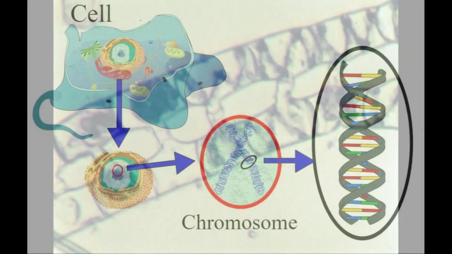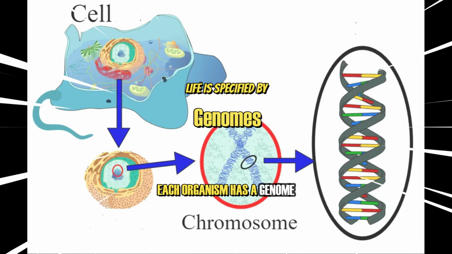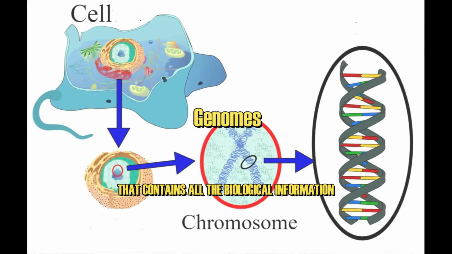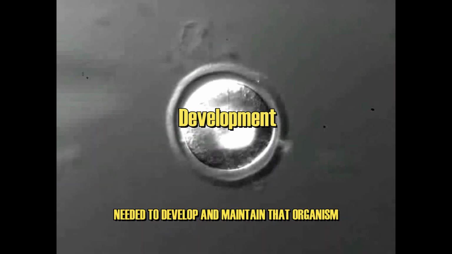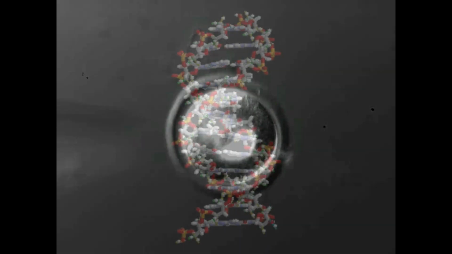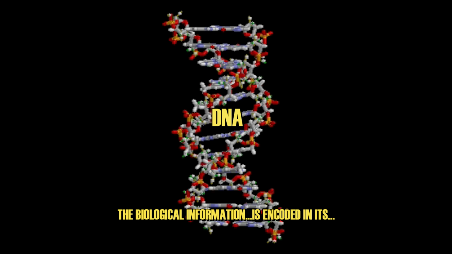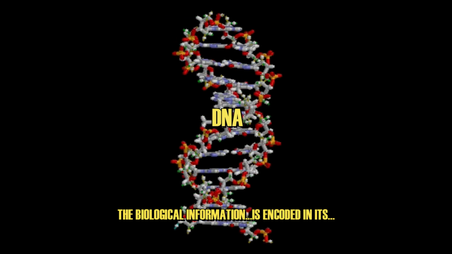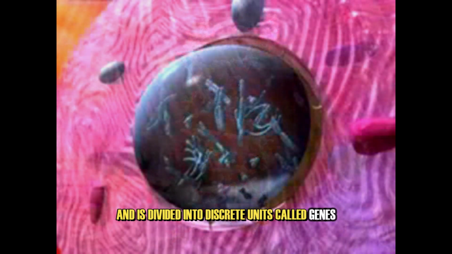Life is specified by genomes. Each organism has a genome that contains all the biological information needed to develop and maintain that organism. The biological information contained in a genome is encoded in its deoxyribonucleic acid, DNA, and is divided into discrete units called genes.